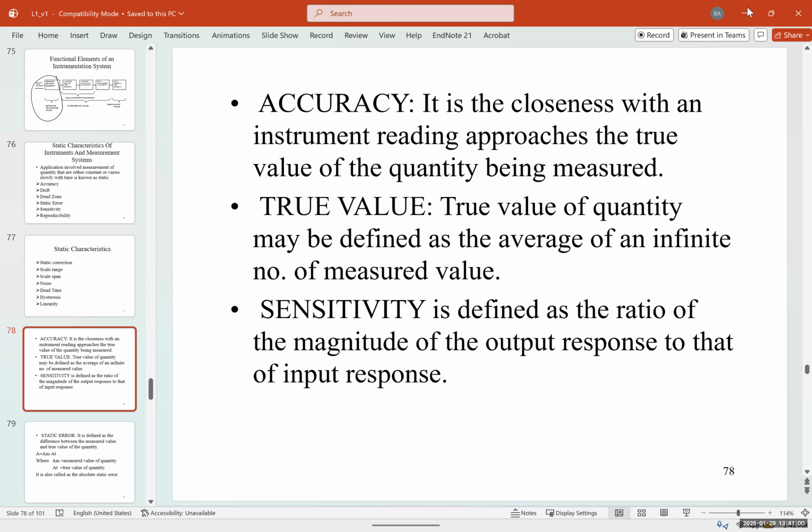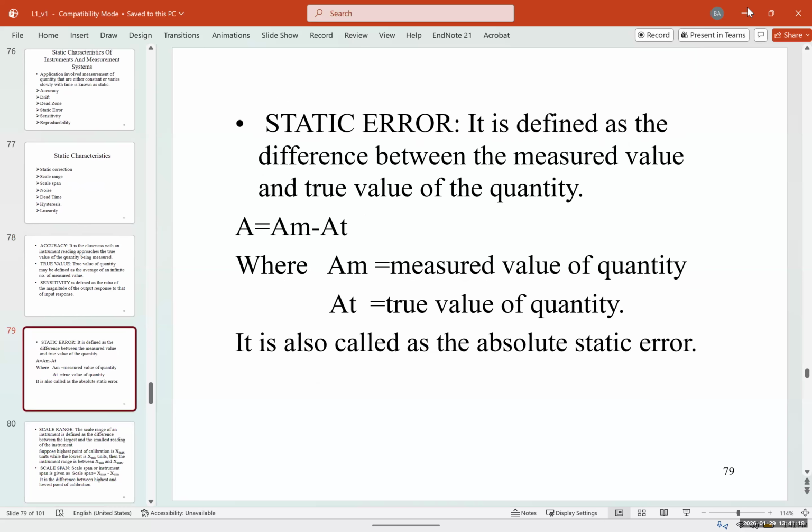Then you have the sensitivity, which is defined as the ratio of the magnitude of the output response to that of the input response. You want to see how sensitive it is. Again, the magnitude of the output to the input, or the true value to the measured value, you can say. Another characteristic is called the static error. It is defined as the difference between the measured value and the true value of the quantity.